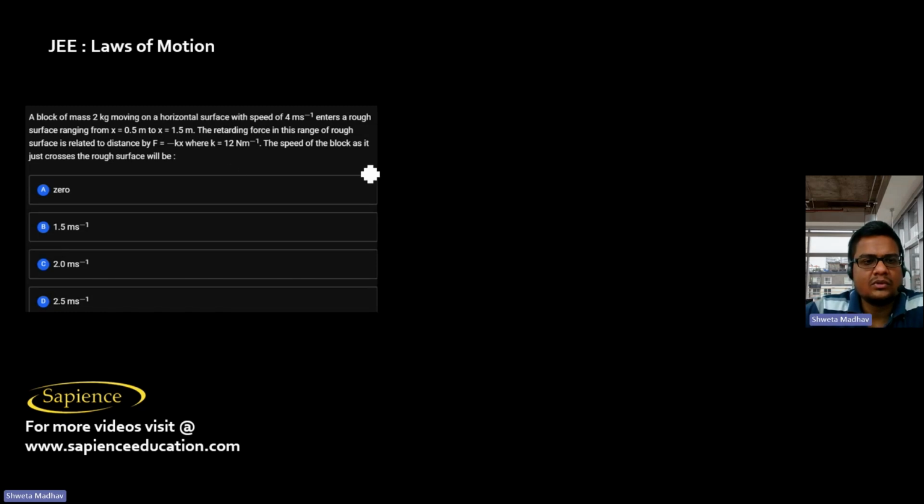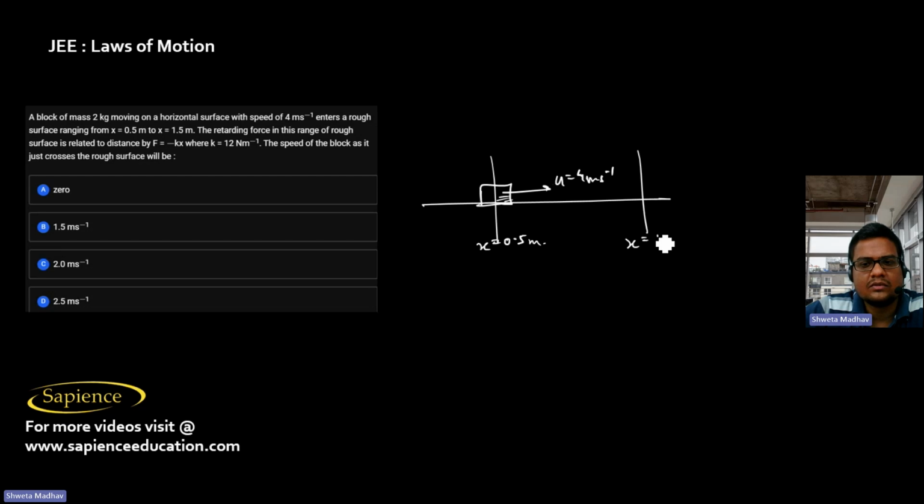And here it is told a block of mass 2 kg is moving on a horizontal surface with a speed u, which is 4 meter per second. It enters a rough surface ranging from x equal to 0.5 meter to x equal to 1.5 meter. So here kinetic friction is acting.